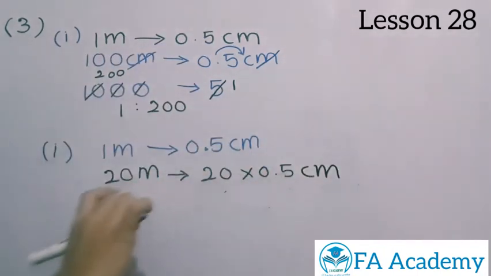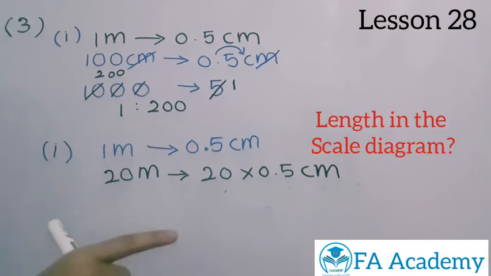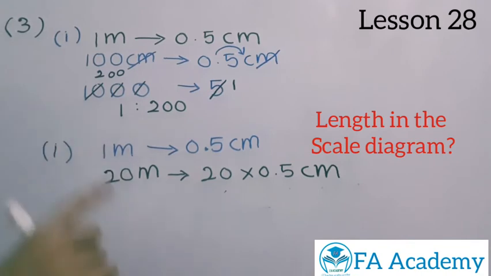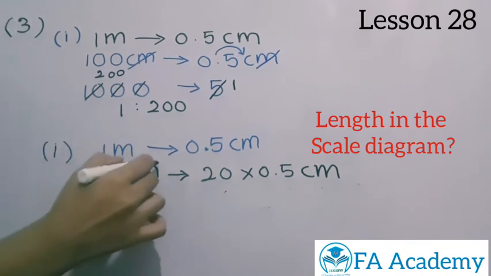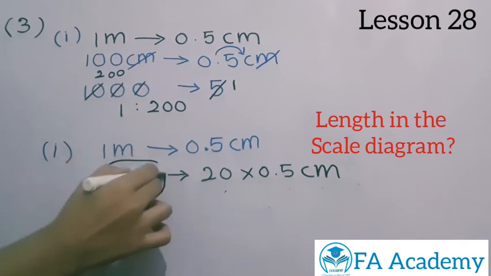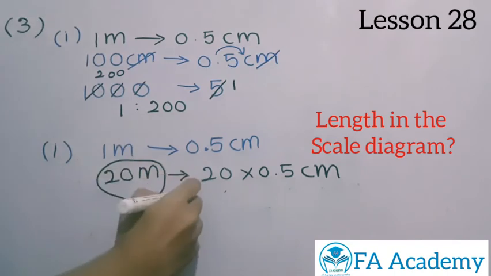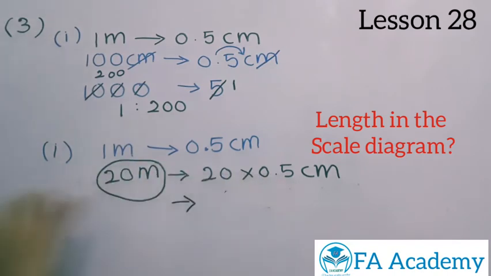Convert these units now? No need to convert the units. Why are we not converting? Because we are not going to find the ratio. You should have a clear idea what you are going to find. You are going to find the value that you are going to draw in your book. Okay. So the value, when you multiply this, you will be getting it.